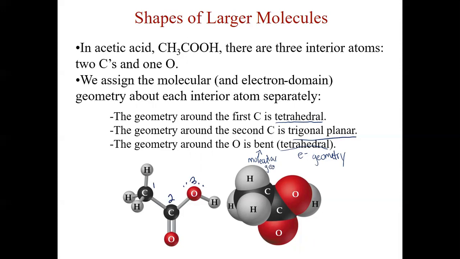Is the octet of the oxygen satisfied with those bonds? If it's not satisfied with those bonds, then we have to have non-bonded electrons or lone pairs. So you have to think a little bit more than what is shown in that picture.